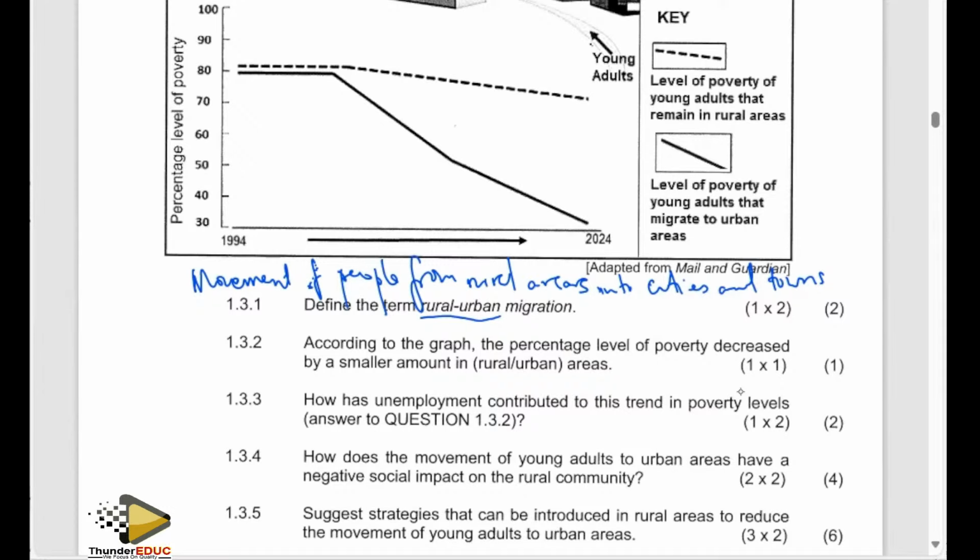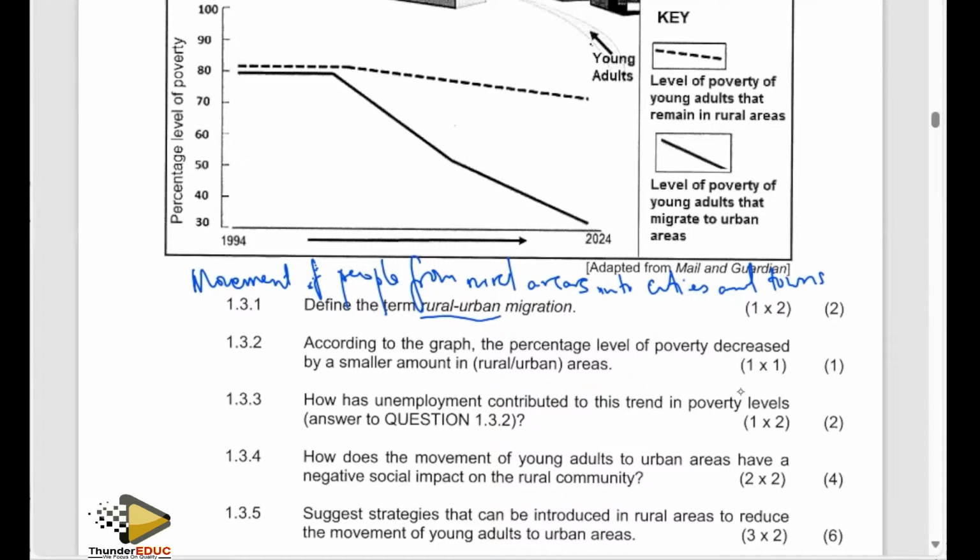Right. According to the graph, the percentage level of poverty decreased by a smaller amount in which areas? Is it in rural areas or in urban areas? If you check the two graphs here, this graph is showing that the percentage level declined sharply from 1994 until 2024.